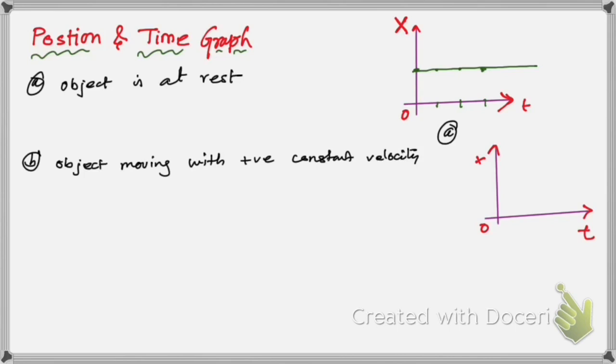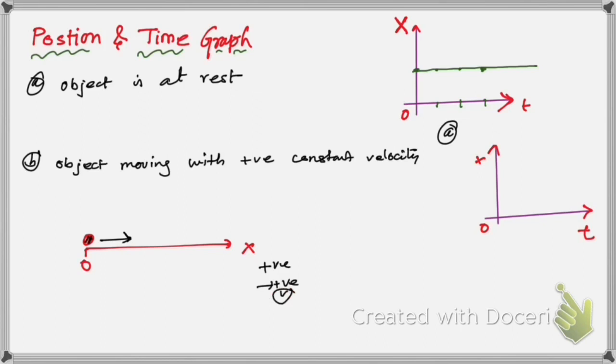Now you see, this is the x-axis. Suppose an object is moving along the x-axis, and this is the origin, and this is the object which is moving along the x-axis, right? And as it is moving with constant positive velocity, that means it will move towards the positive x-axis. We're going to consider that towards the positive x-axis, the velocity is positive. We're going to consider that way.